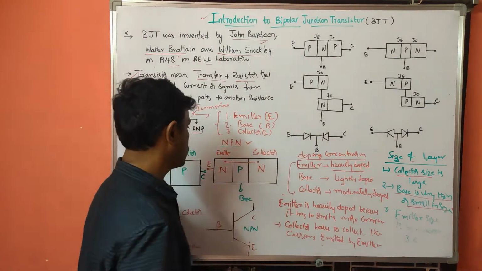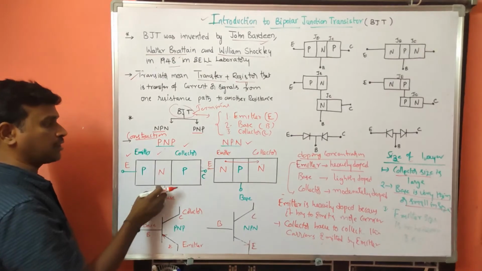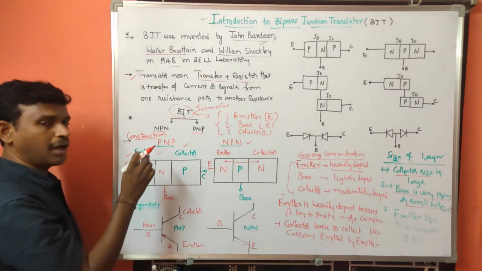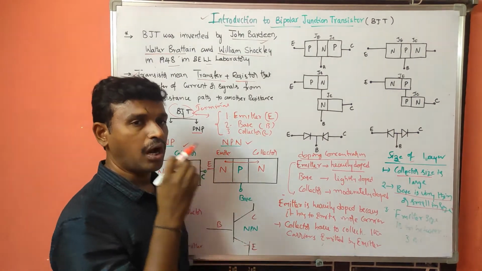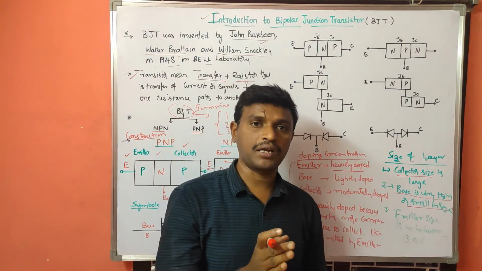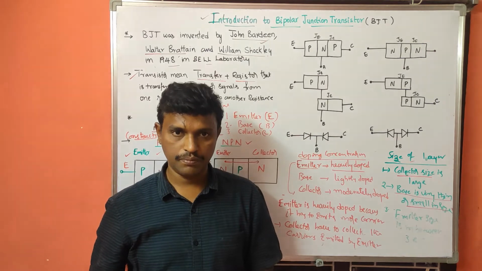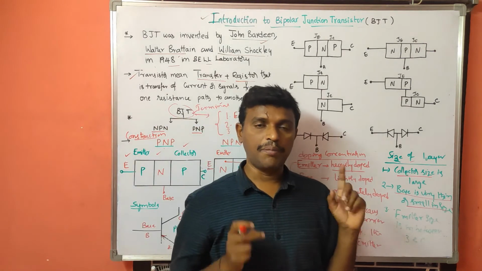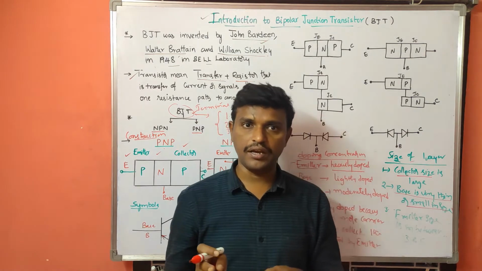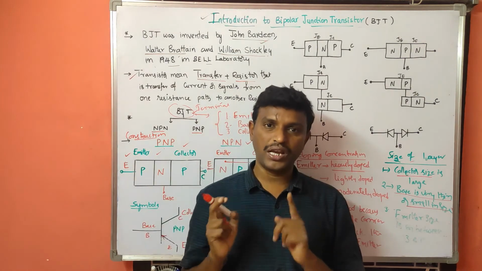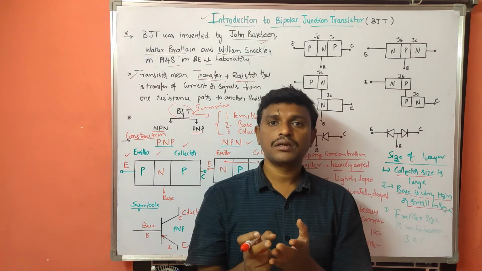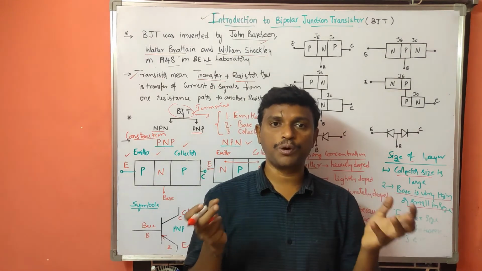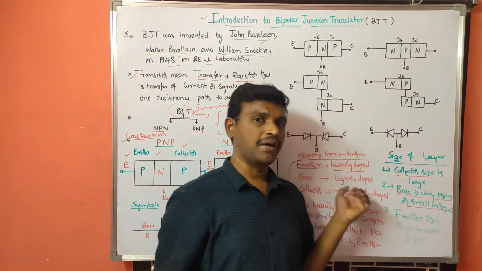So this is about the three terminals, that is the emitter terminal, base terminal and collector terminal, or the emitter region, base region and collector region of NPN and PNP transistors. Whatever it may be, the emitter doping concentration is very high and the collector size is very large, and the thin layer is the base layer, and the lightly doped material is also the base layer.